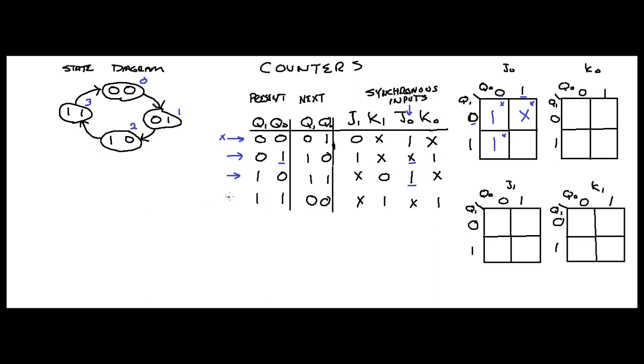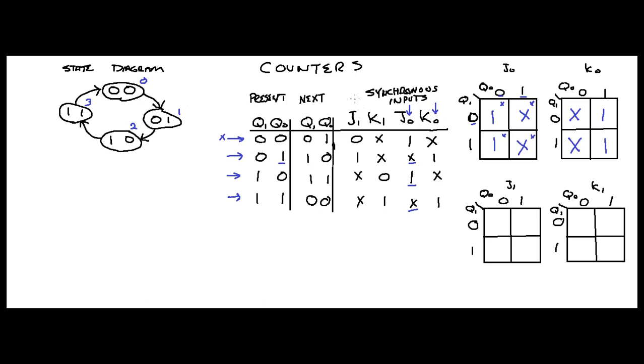And finally, when they're both 1, means you're in this cell here, right? When they're both 1, J0 is equal to an X. Get it? Now, let's do the same thing for K0, which is this column right here. It's going to be the same thing here, right? X1, X1, right? Now let's do it for J1 and K1.